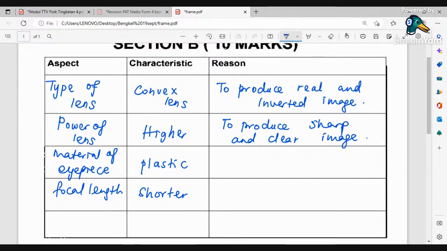Material of eyepiece plastic, easily to be thin. Okay, senang nak nipiskan dia or compress it.